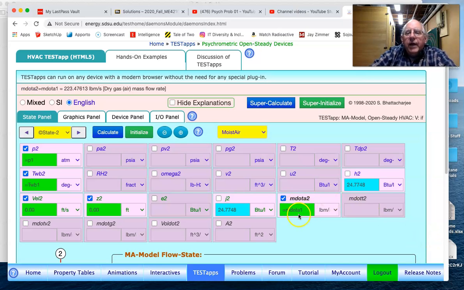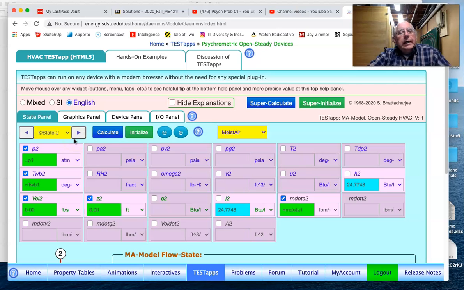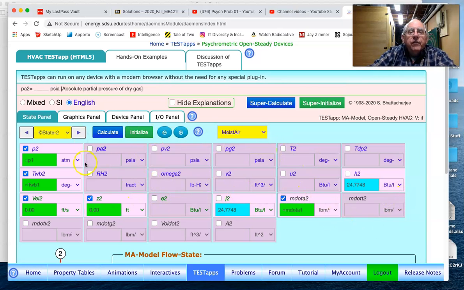Our flow rate of water will be determined from our device panel as we perform an energy and a mass conservation on both the water and the air. And so we have everything that we know at this particular point.